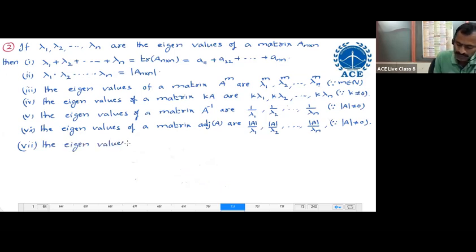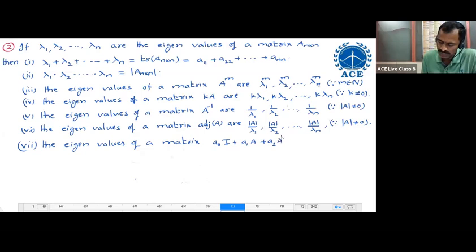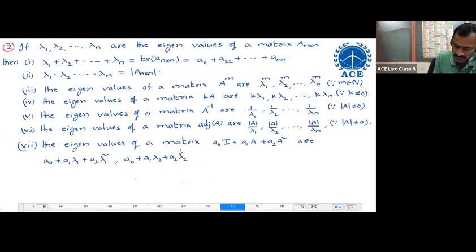The eigenvalues of a matrix A naught I plus A1 A plus A2 A square are A naught plus A1 lambda 1 plus A2 lambda 1 square, comma A naught plus A1 into lambda 2 plus A2 into lambda 2 square, comma, and so on, comma A naught plus A1 into lambda n plus A2 into lambda n square.